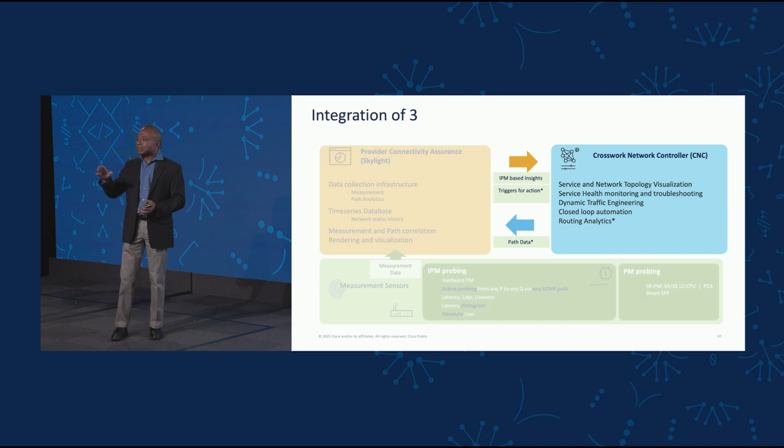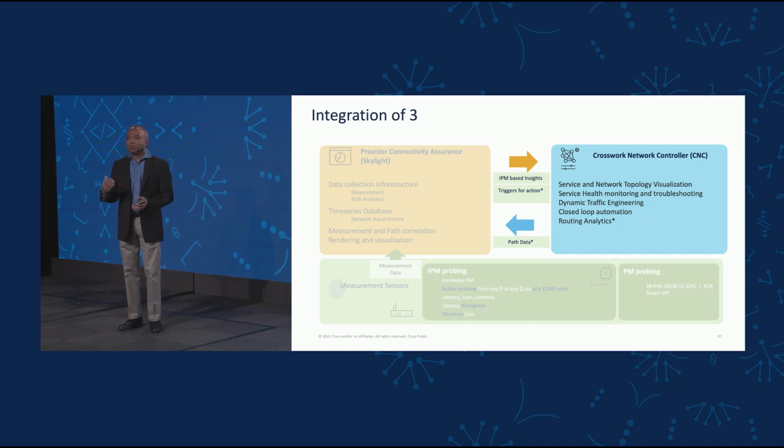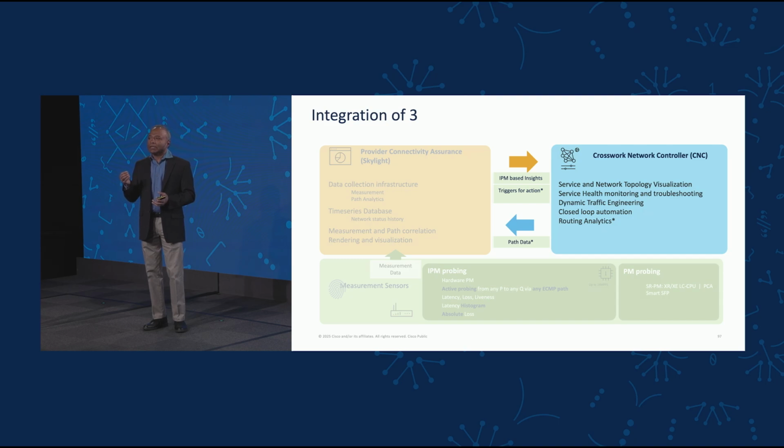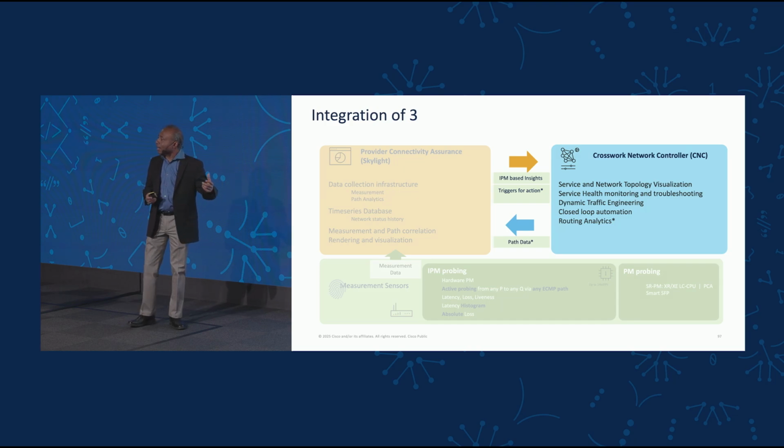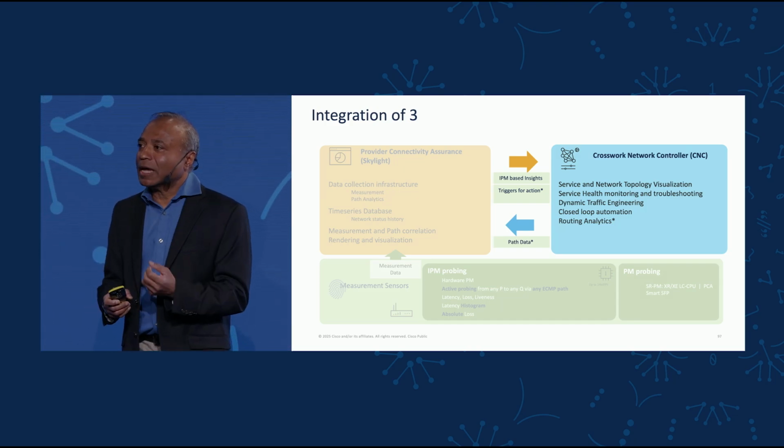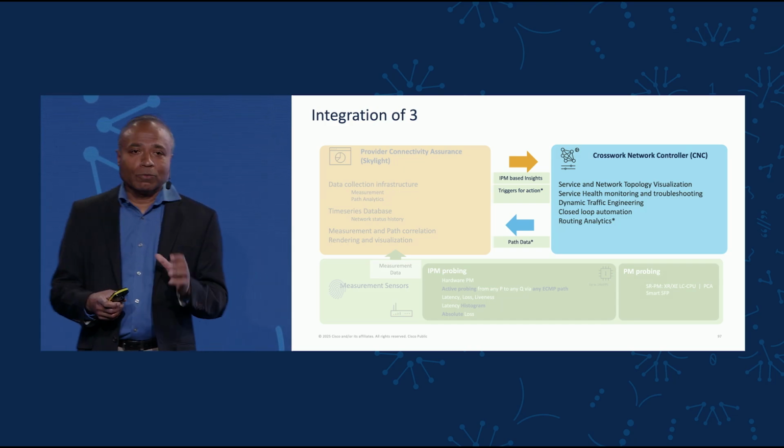Earlier, Krishnan talked about traffic engineering. And again, the performance data plays a role especially when we are defining the traffic engineering policy for low latency applications. The other area that we intend to take advantage of is when we identify anomalies based on the IPM data where we need to take an action.